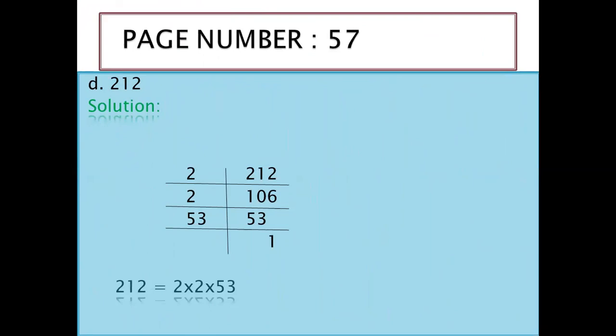Again, at the ones place there is 6 and 6 is an even number. So we divide it by 2 and we get 53. Now 53 is a prime number and we cannot divide 53 by any number. The factors of 212 are 2 multiplied by 2 multiplied by 53.